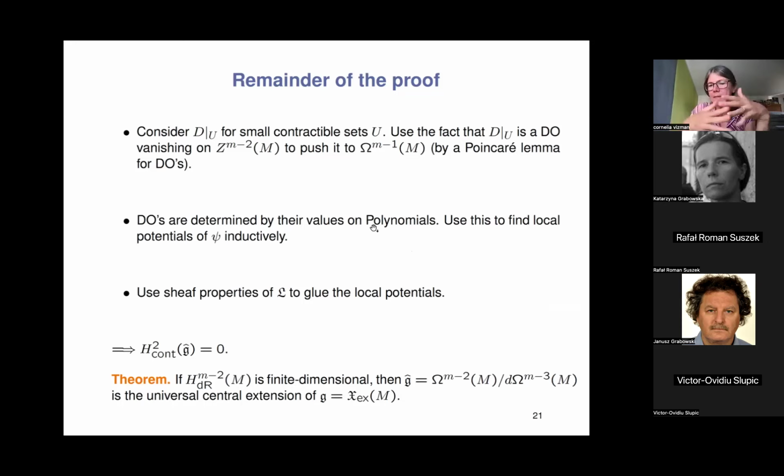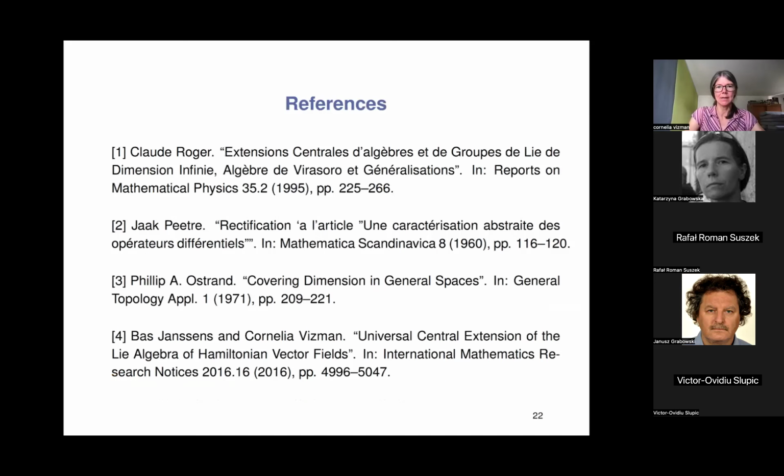Local potential means that we want to write psi as the Chevalley-Eilenberg differential of a 1-cochain. Then we glue these 1-cochains, and we get that H2 of G hat is 0, so this will ensure that G hat is the universal central extension. I wrote here again our main theorem, and that's it.